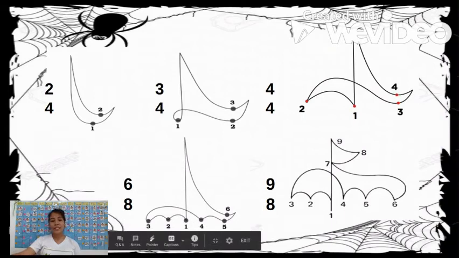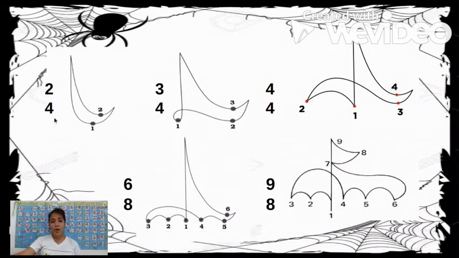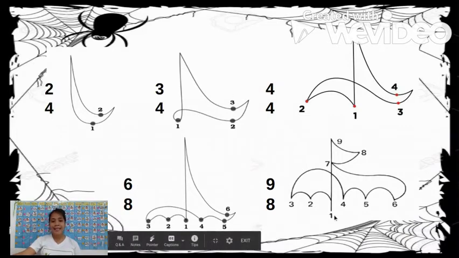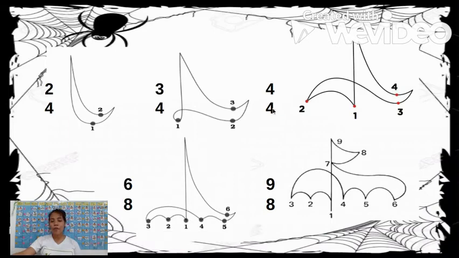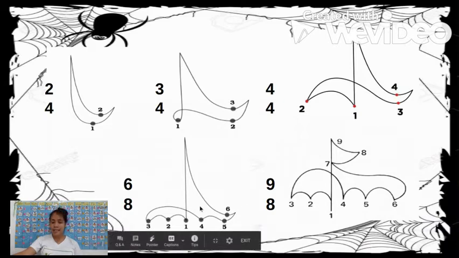So we have different types or techniques in beating class. Conducting, we have 2/4, 3/4, 4/4 time signature, 6/8, 9/8. Now 6/8 and 9/8 are different. 2/4, 3/4, 4/4, we call these three simple time signatures. For 6/8, 9/8, we call it compound time signature.